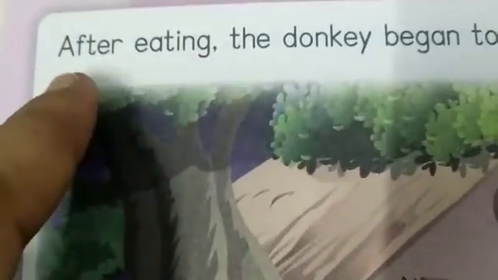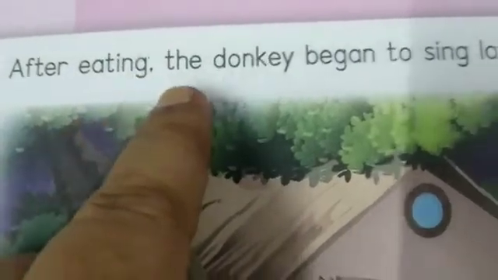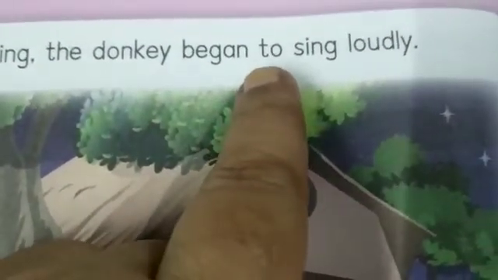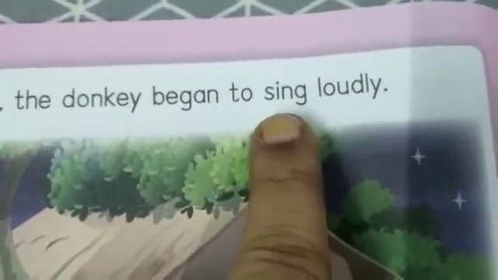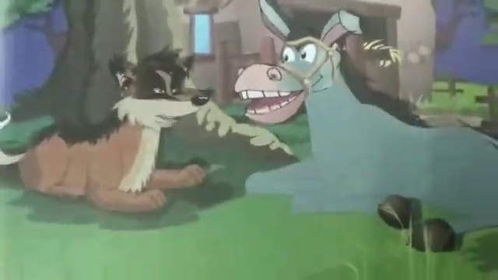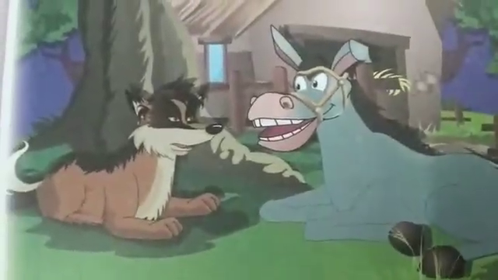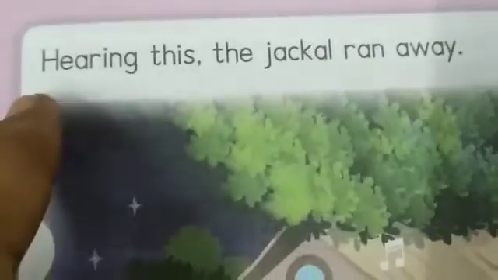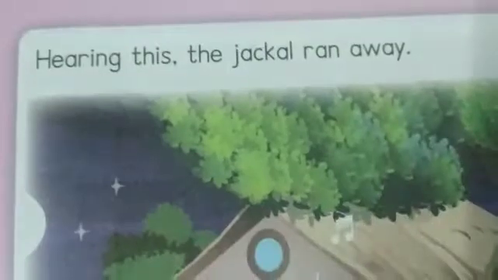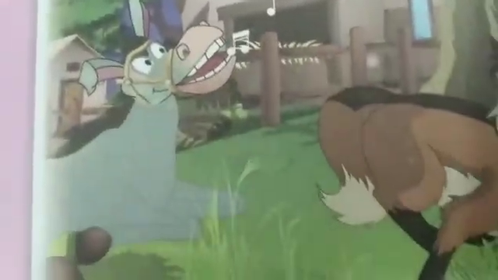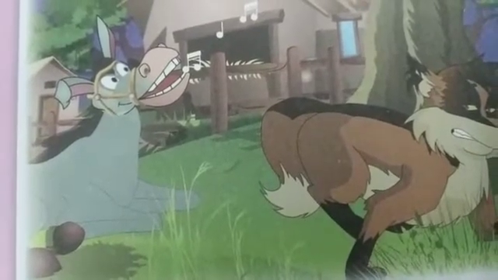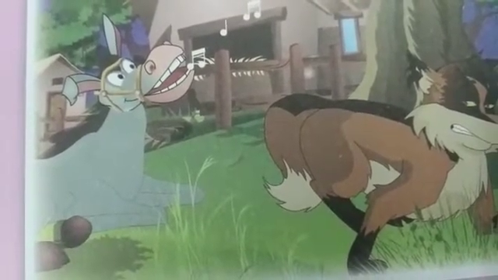After eating, the donkey began to sing loudly. Children, what did the donkey do after eating? It began singing. Hearing this, the jackal ran away. Why did the jackal run away? Yes, because the donkey started singing loudly. So what did the jackal do?